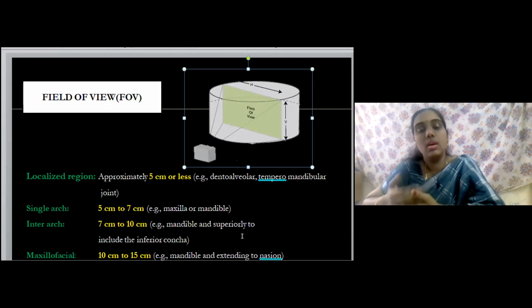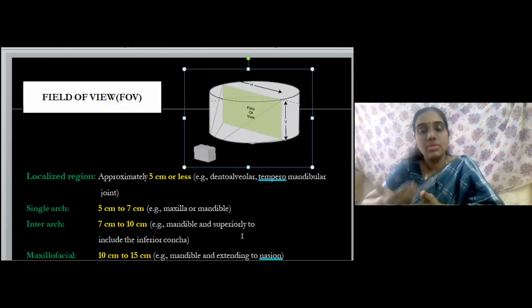So the available FOVs are like the localized region, approximately around 5 centimeters or less, usually used for dentoalveolar purposes to check for the root canals or periodontium around the tooth. Temporomandibular exposures also come under this localized region exposure. Then single arch is 5 into 7 centimeters, either complete maxilla or complete mandible.